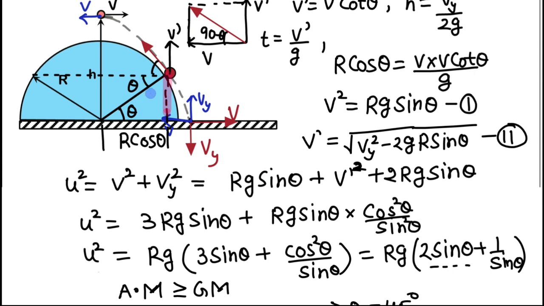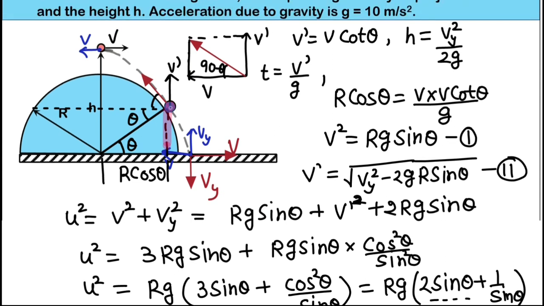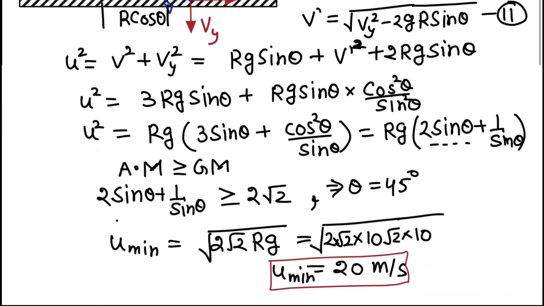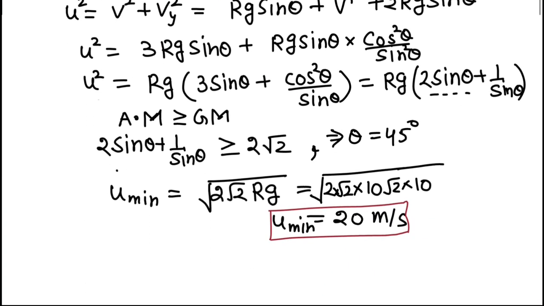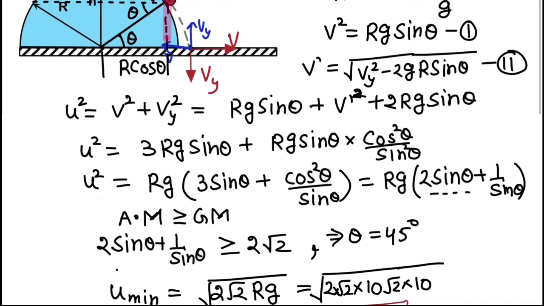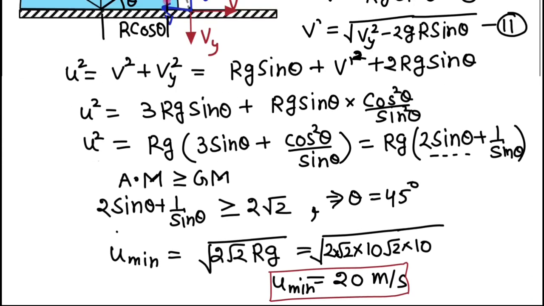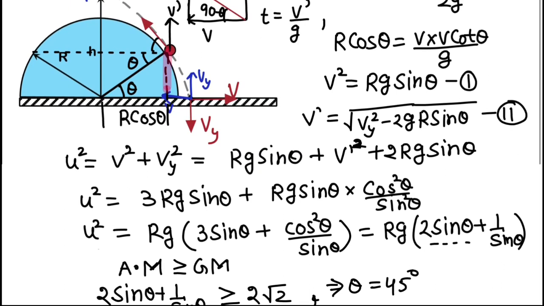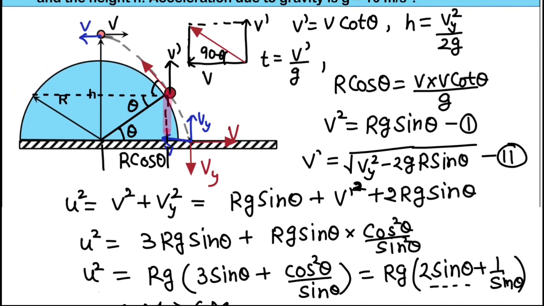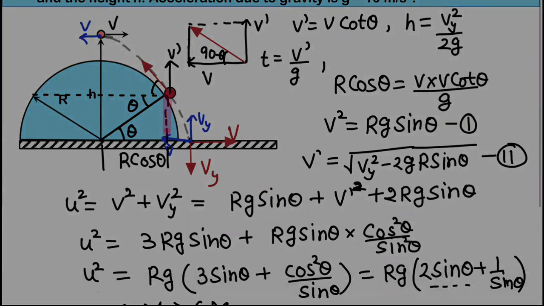So V dash will be equal to V cot theta, right? So we have this value here as u, and we have also determined the value of theta, right? So the next part is only calculation here.